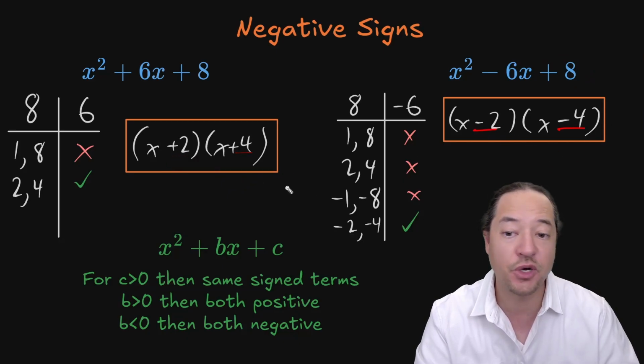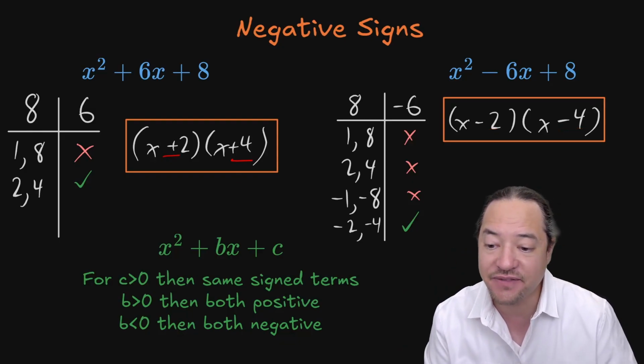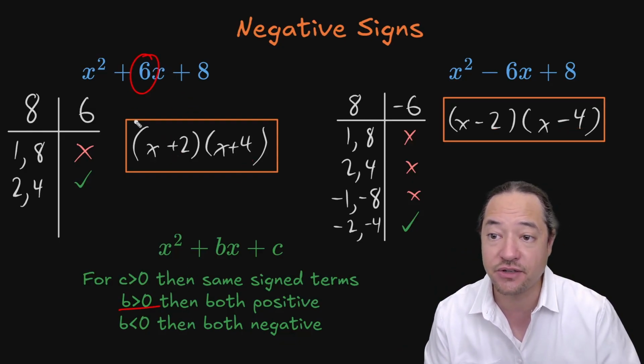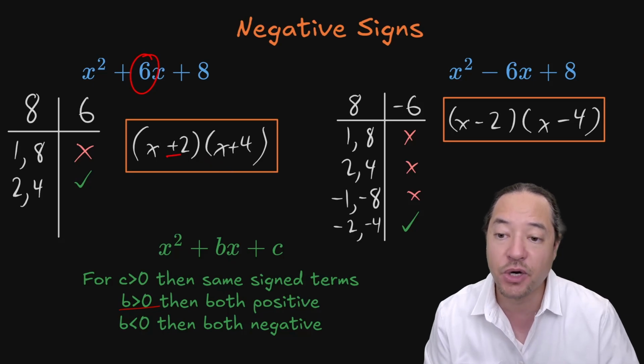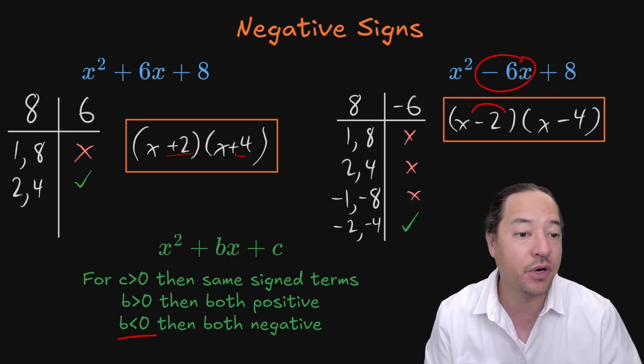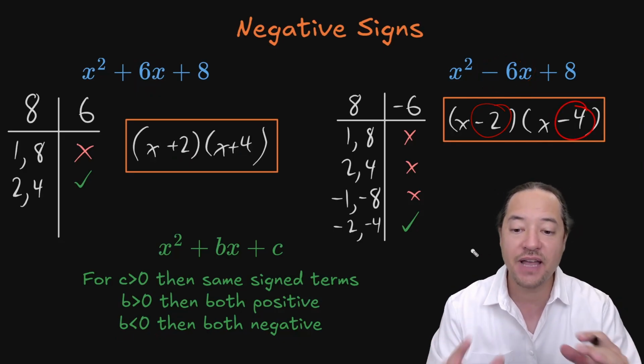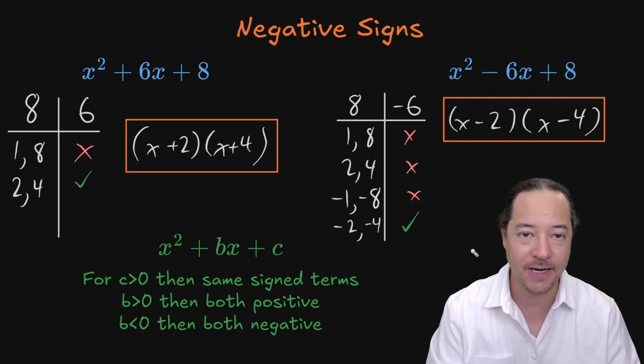These are both negative, or these are both positive. They're both going to be positive if b is greater than 0. If this number is positive, then both of these will be positive. But if this number is negative, then both of these numbers here will also be negative. So that's how the signs get controlled here.